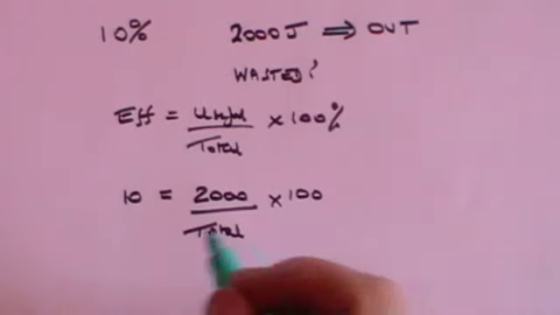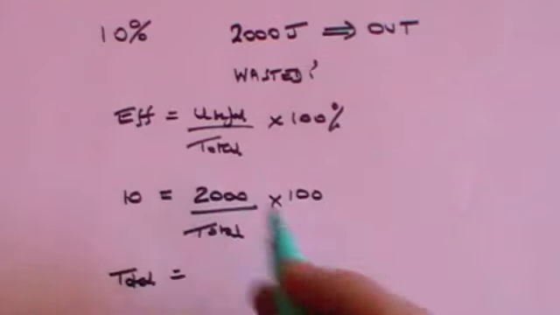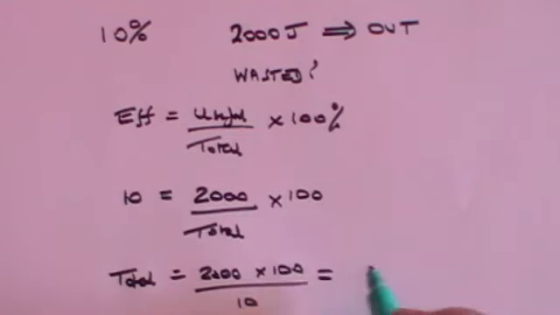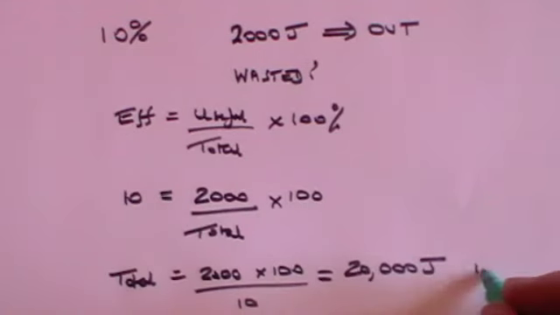If you rearrange that, you'll find that the total, and you must be able to do this manipulation, is 2,000 times 100 divided by 10, which is 20,000 joules. So that was the total energy in.